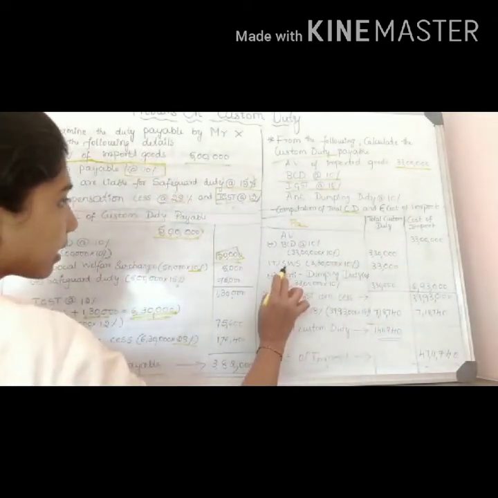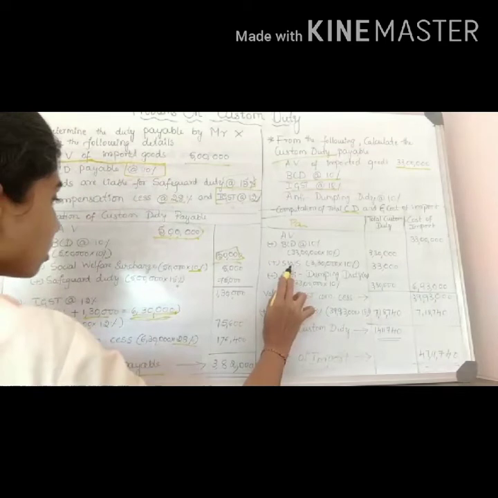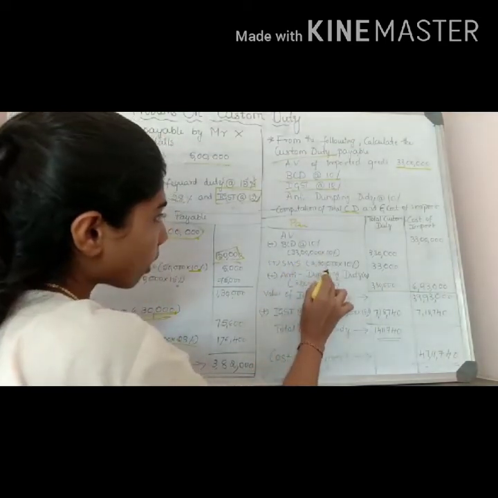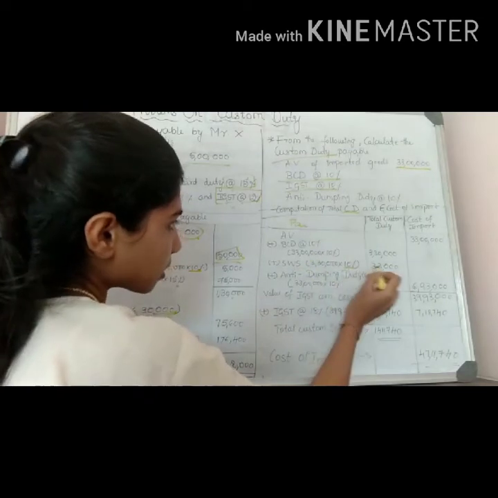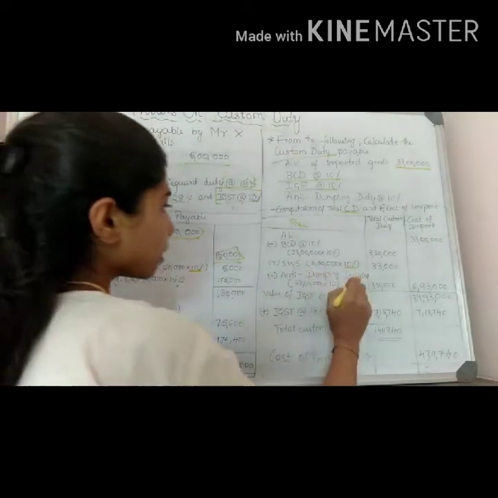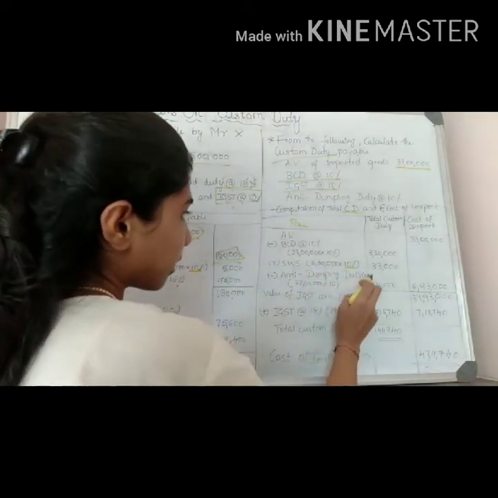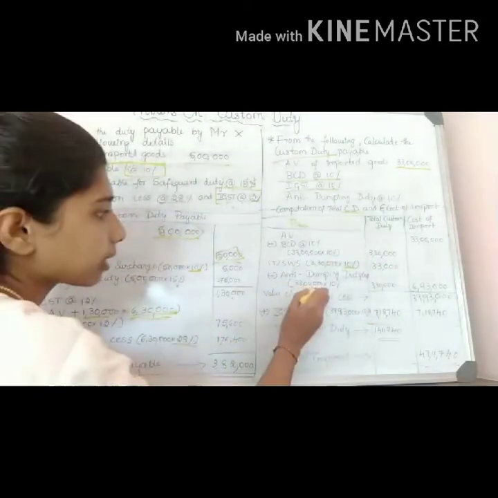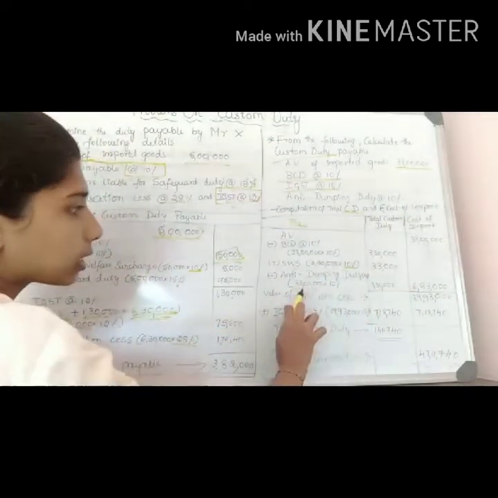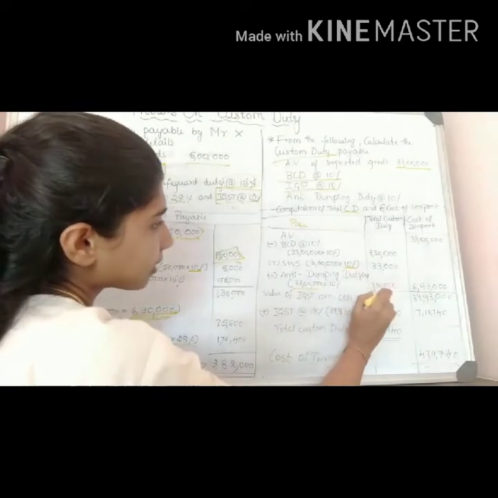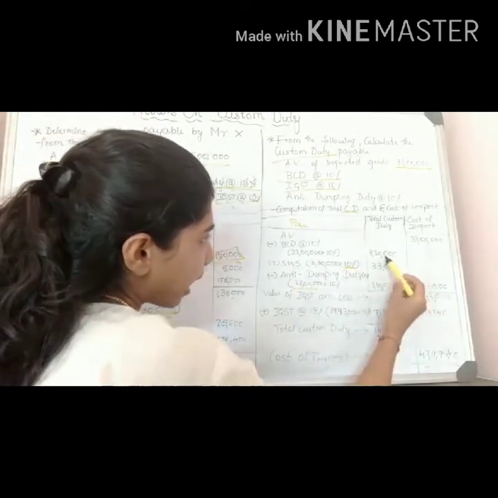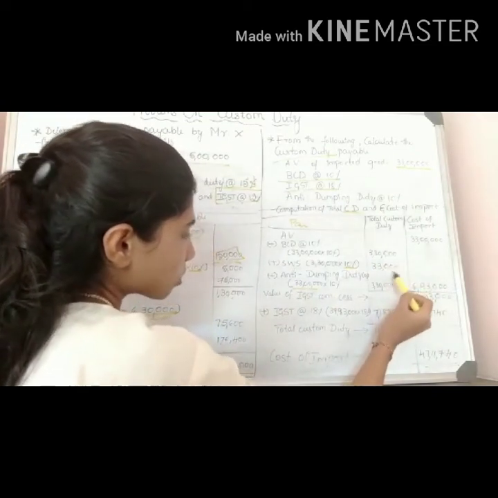Then add SWS, social welfare surcharge: 3,30,000 into 10%, 33,000. Plus anti-dumping duty at 10% on assessable value: 33 lakh into 10%, 3,30,000.